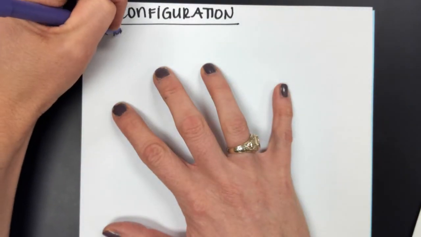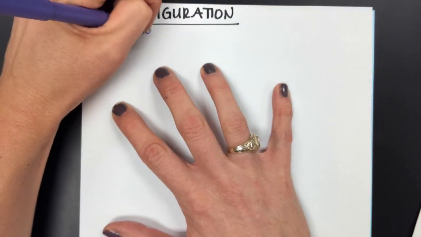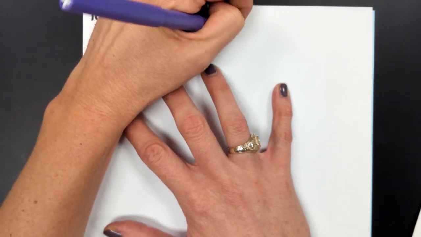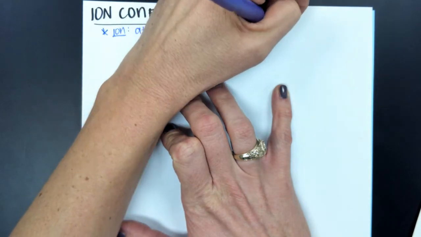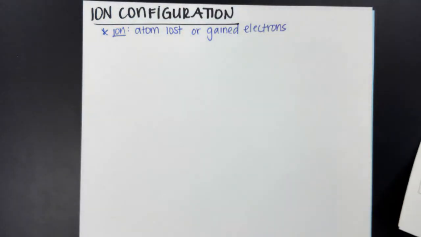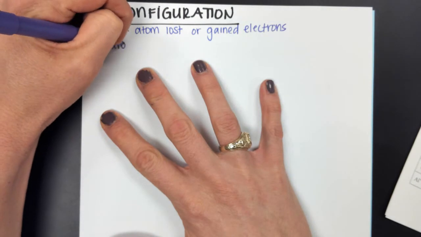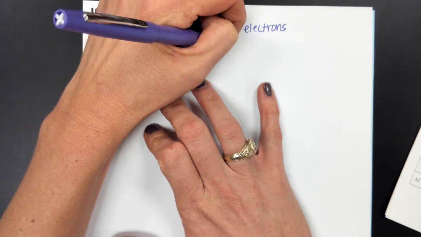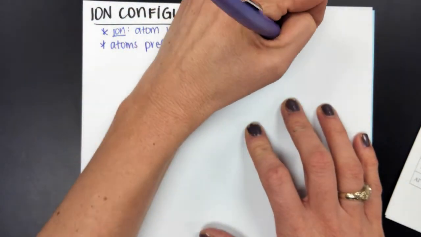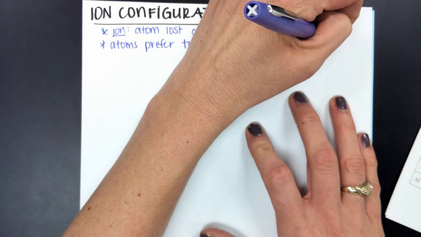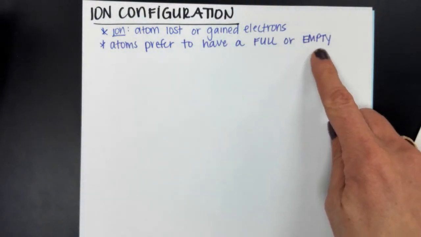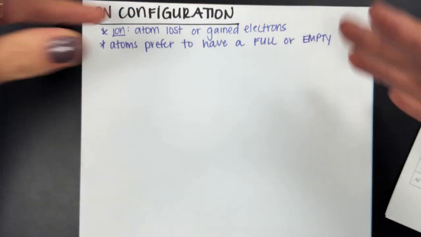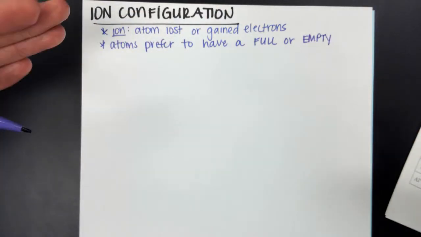Okay, so the definition of an ion is an atom that has lost or gained electrons. Atoms prefer to have a full or empty outer shell, outer energy level, and they don't technically have an empty outer shell, it just means that the last one kind of is no longer there and the next one behind it is full.